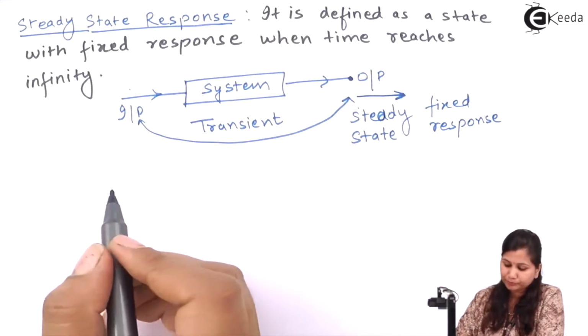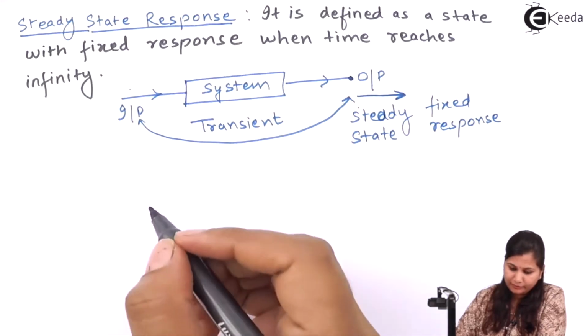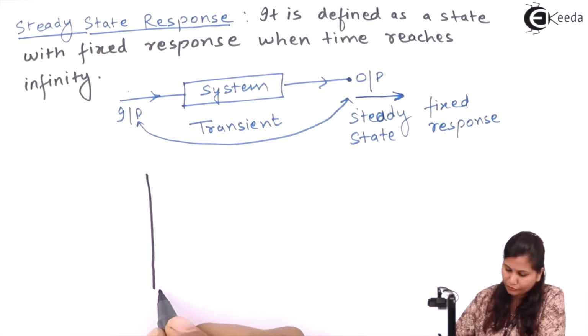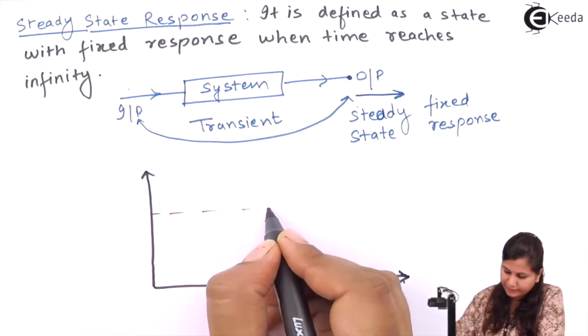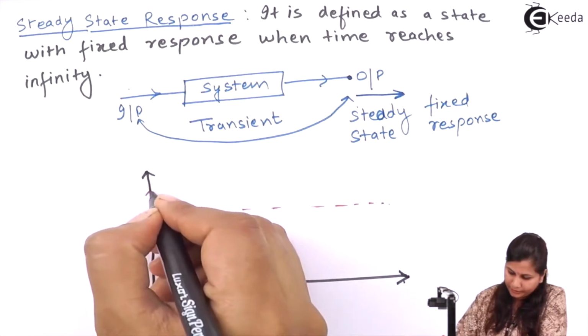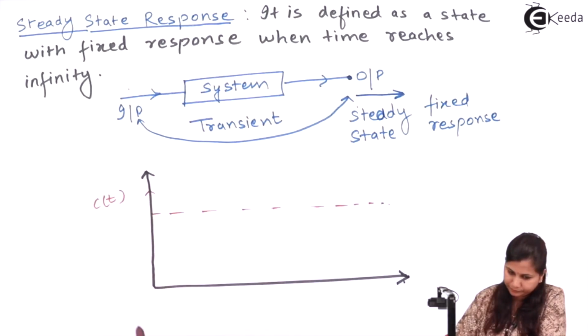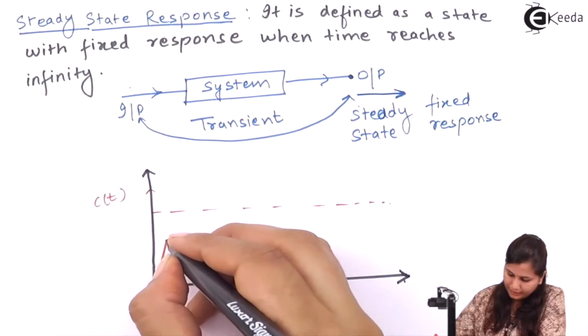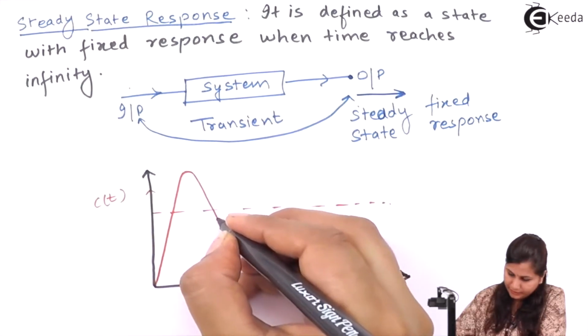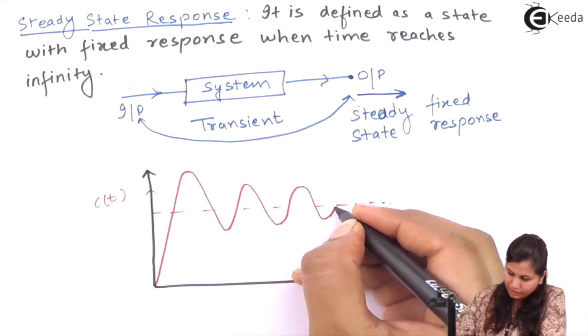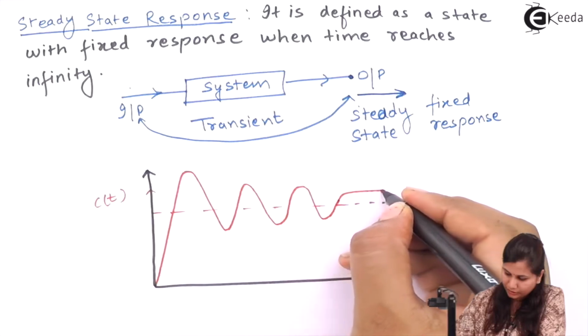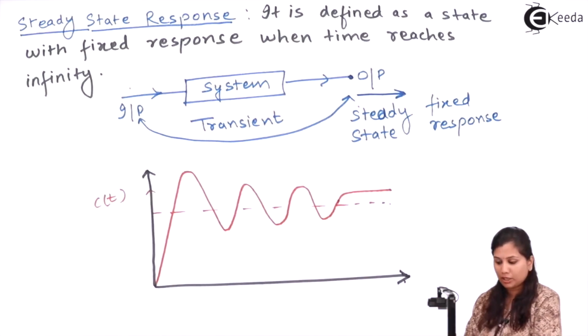Okay, so if we make a graph for the response of a system, here we have the reference line. This is our output, and these are the variables, the output of the system, changing for an input.